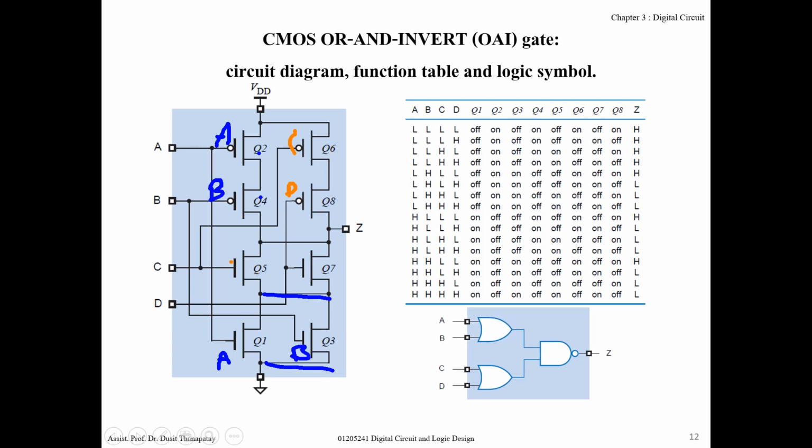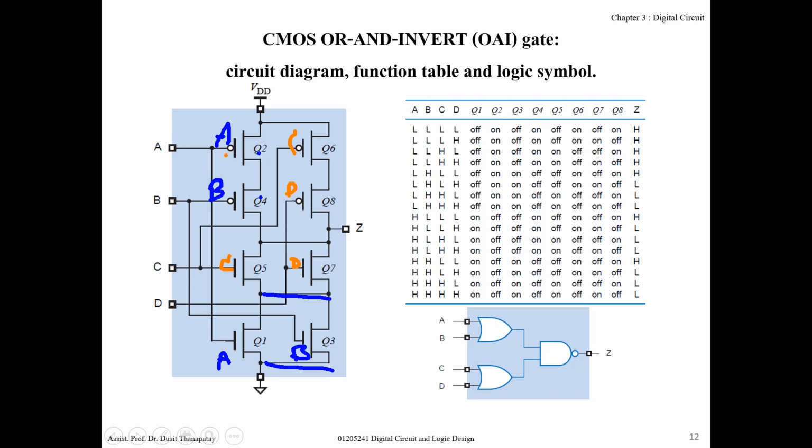The lower part of the circuit, the transistors controlled by A and B connect in parallel together. And for C and D, controlled by C and D, connect in series. The lower part of the circuit, C and D parallel together, and this set parallel together, this set series together. So you can analyze just only the upper part of the circuit or just only the lower part of the circuit. Okay, let's consider the upper part of the circuit.